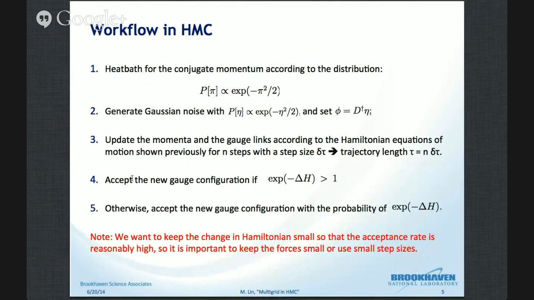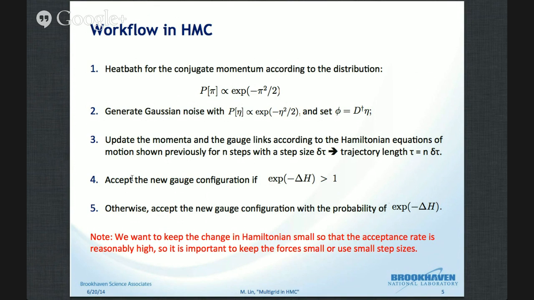And then you update the momentum and the gauge links according to the previous equations of motion for n steps, and then you have a trajectory length. Tau is usually set to 1. So you have a unit length trajectory. And you decide to accept the new gauge configuration if the change of the Hamiltonian is negative. So this one will be larger than 1.